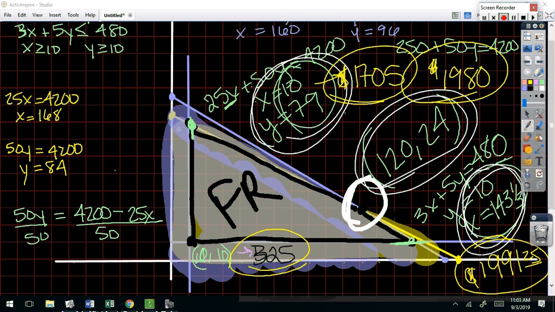No, we can't ship a third of a package. So we're going to go with 143 standard, 10 oversized, which would give us the most revenue.